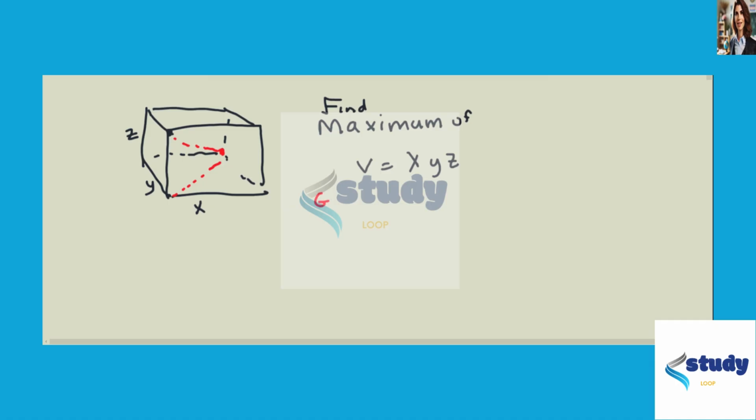Given that, or the constraint is, we have to write an equation for the length of this diagonal, which I'm going to call D for a minute. First tell me how to find this one down here. Well, remember this is a box, so this is a right angle.